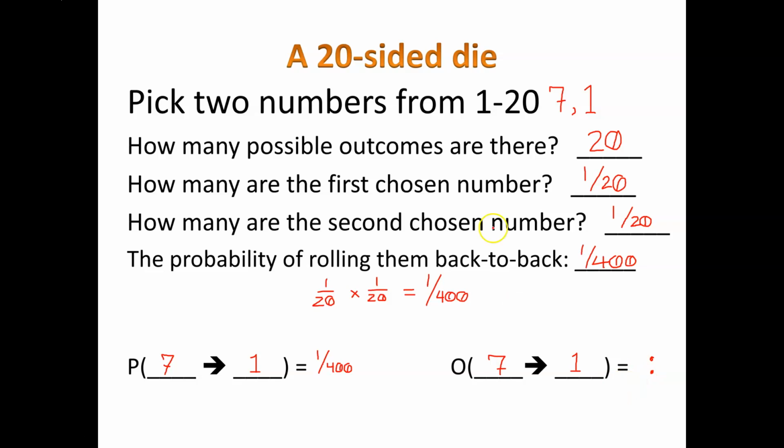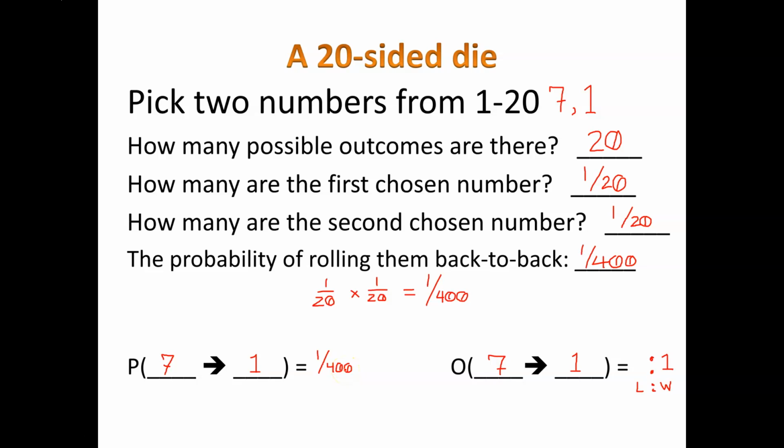So let's think about what odds mean. We have to have our losers on the left and our winners on the right. So let's look at our probability fraction. How many ways to win do we have? We have one way to win. There are 400 possible results.